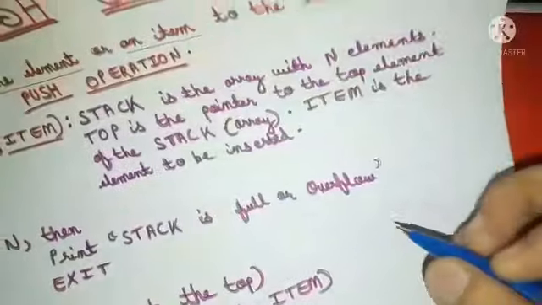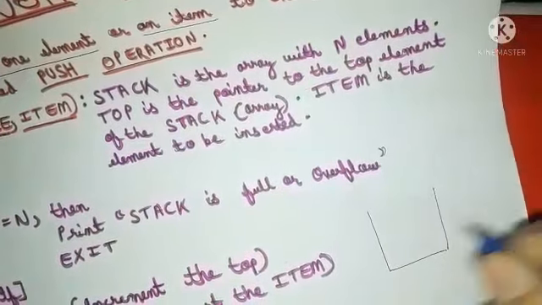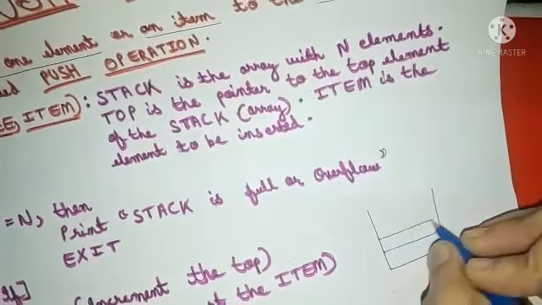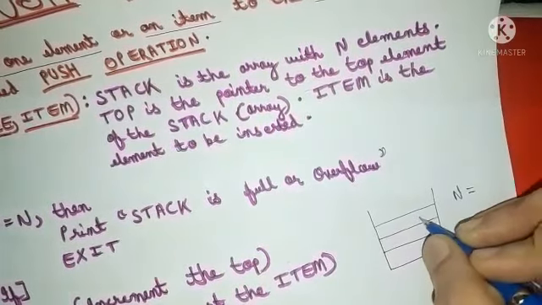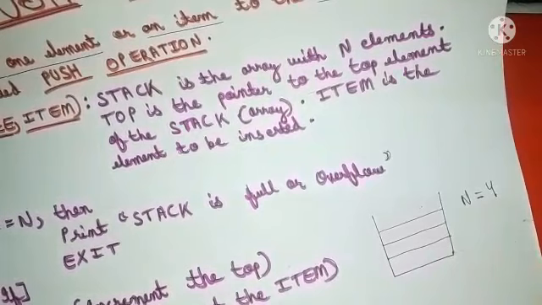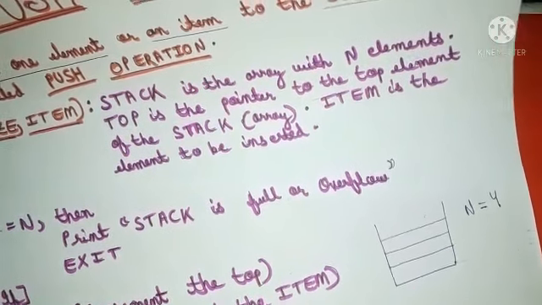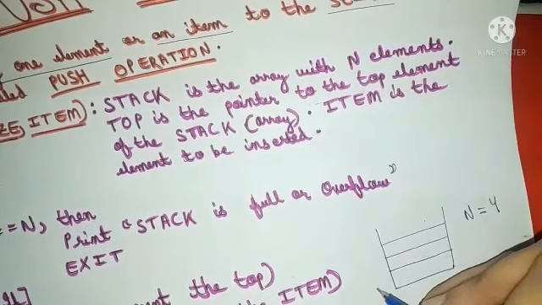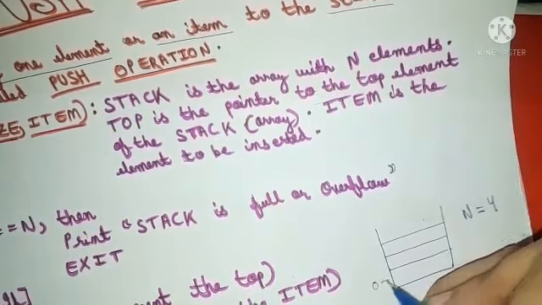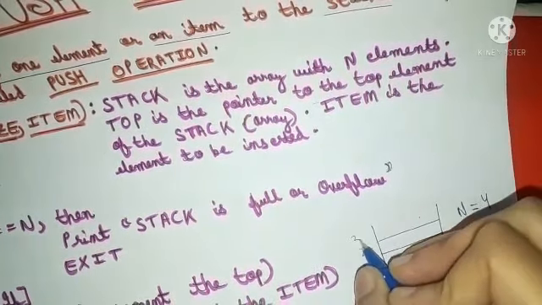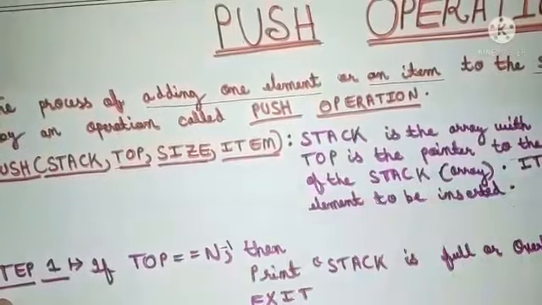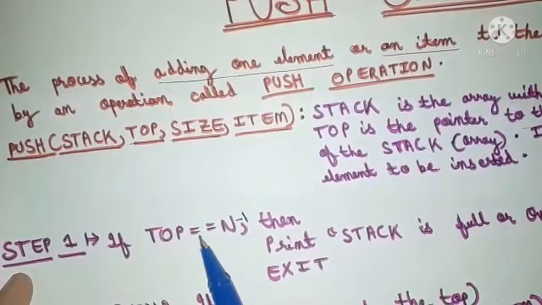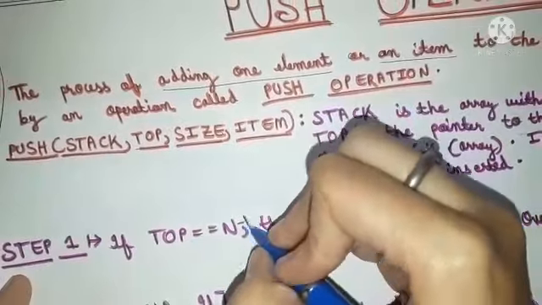Suppose I am taking one stack. Let me say my stack size n is 4, that is 1, 2, 3, 4. Suppose it's an array. In an array the index starts from 0, so 0, 1, 2, 3. So here it will check if top equals n minus 1.